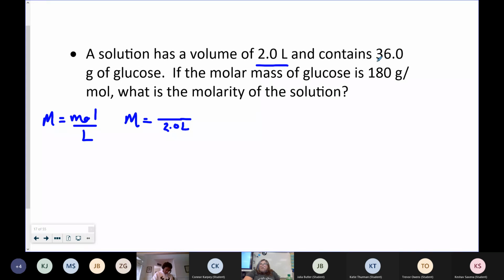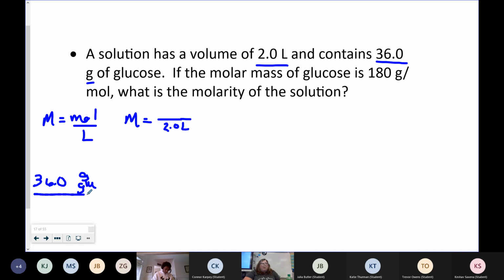And then it gives us grams of glucose. Well, we need moles of glucose. So this is where we can do that one-step stoichiometry, changing from grams into moles. Remember, we start with grams. I'm just going to do this down below. So 36.0 grams of glucose, and I'm just going to abbreviate it. It did tell us the molar mass of glucose, so we don't actually have to find it.